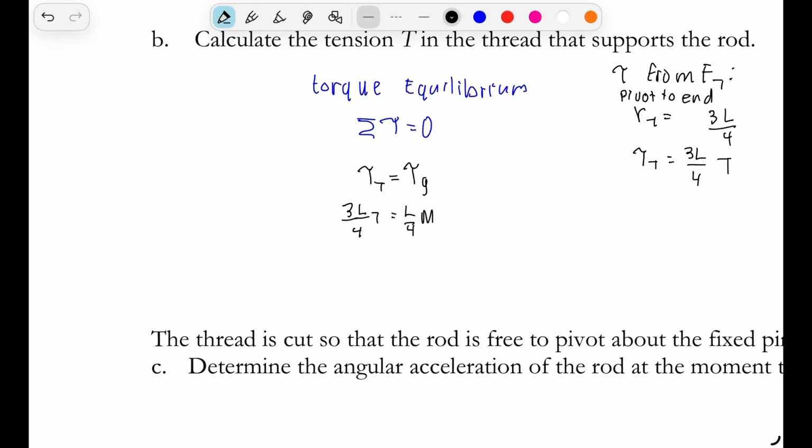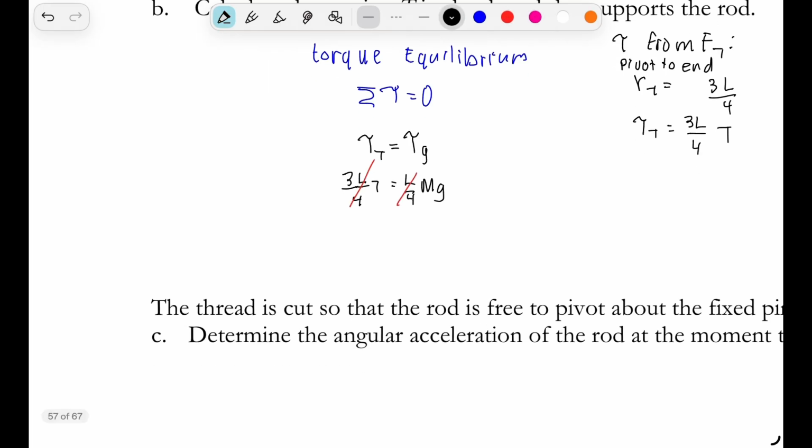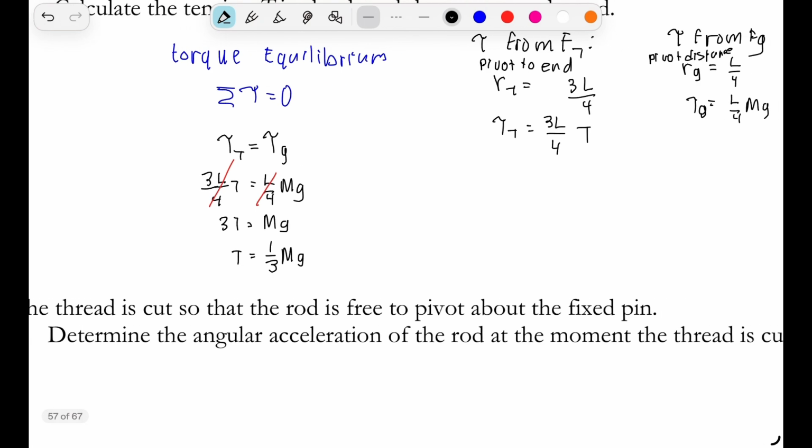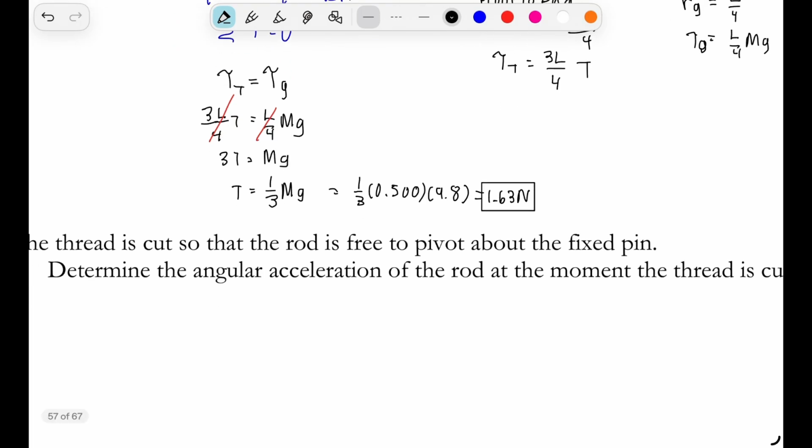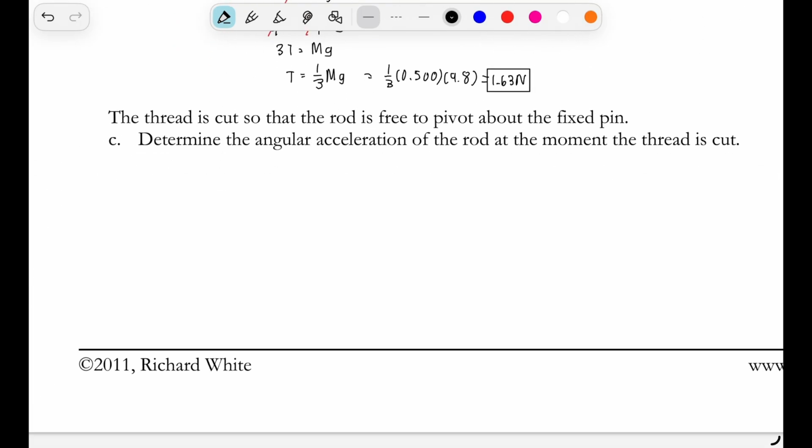Because of that, we can write 3 times L over 4 times T is equal to L over 4 mg. You can see that we can cancel out L over 4. So we're just left with 3T is equal to mg. So now T is equal to 1 over 3 mg. Now if you plug in your numbers, that's 1 over 3 times 0.500 times 9.8, which is equal to 1.63 newtons.